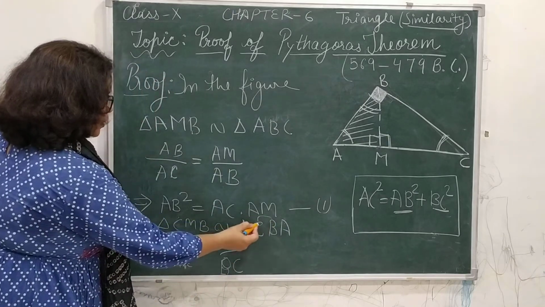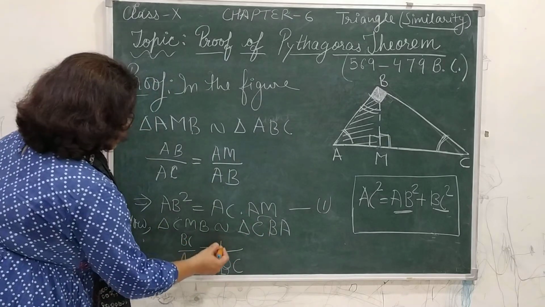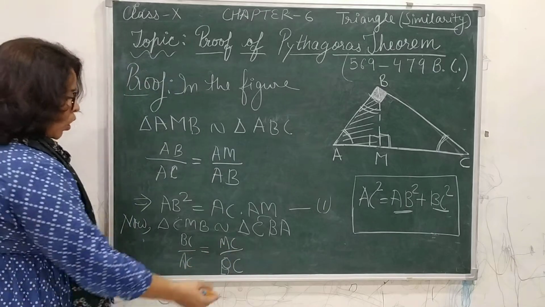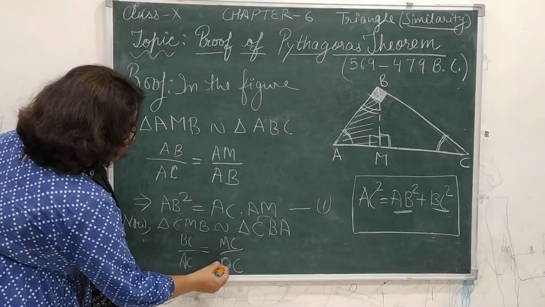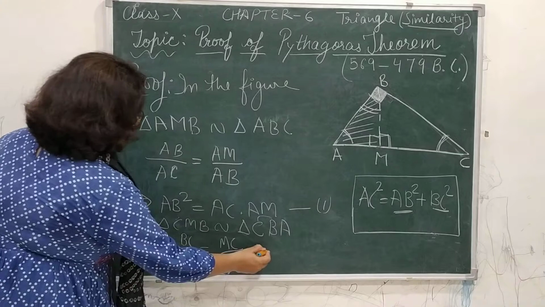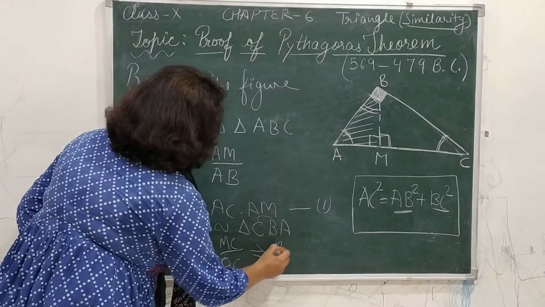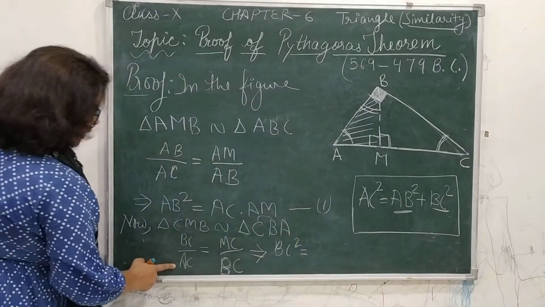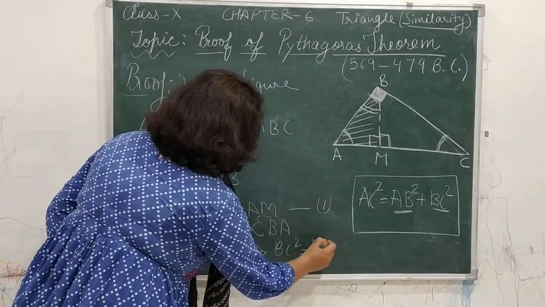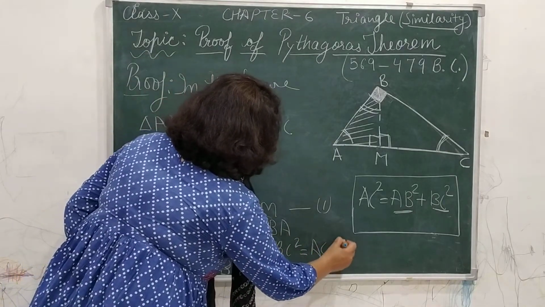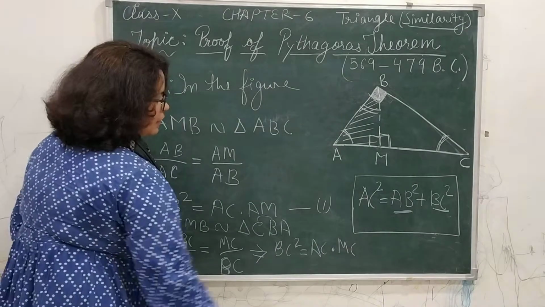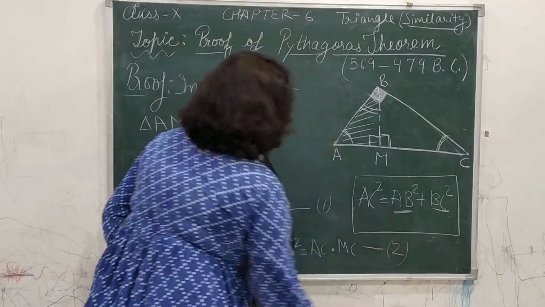Corresponding to BC here we have MC. So when you cross multiply these two fractions, they imply that BC square is AC multiplied by MC. This dot represents multiplication, equation number 2.